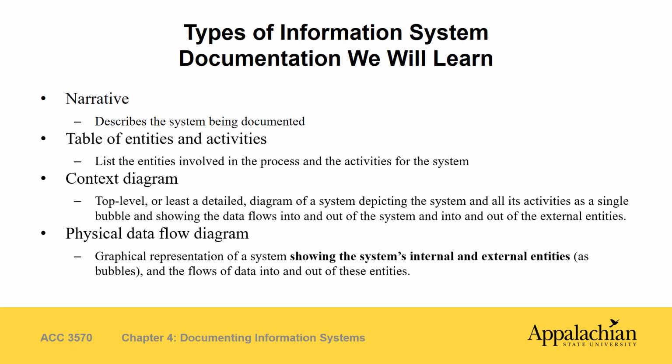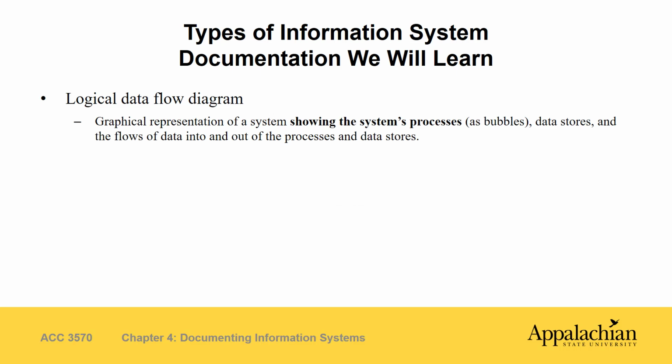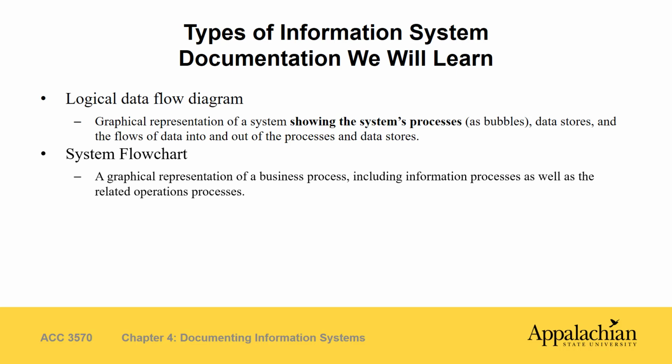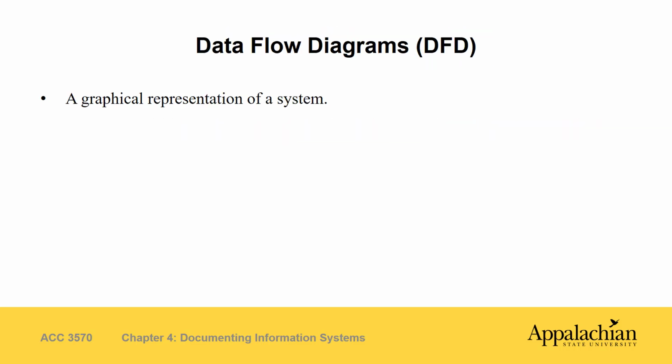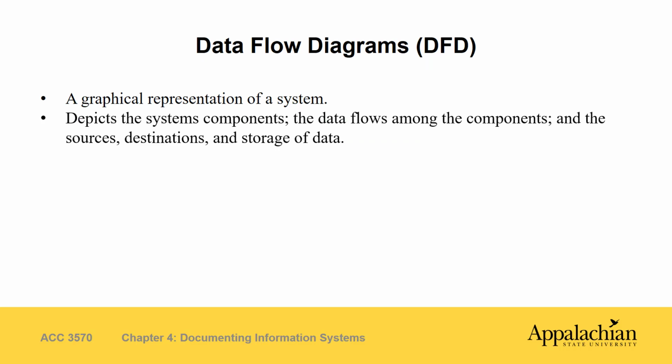You've got a physical data flow diagram, which shows the system's internal and external entities and the flow of data between those entities. And then a logical data flow diagram shows the system's processes and the flows between the processes, and then a system flowchart, which really brings everything together so you can have a complete understanding of the system.